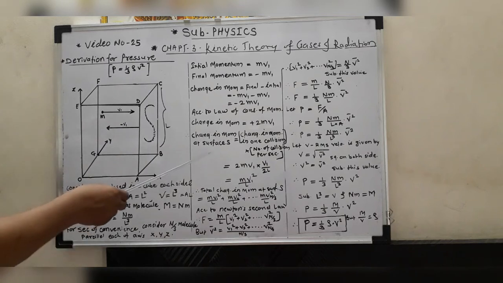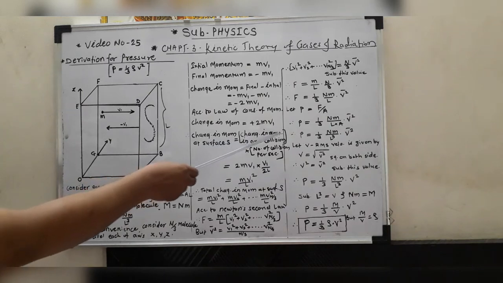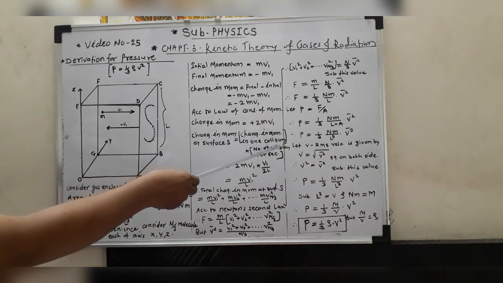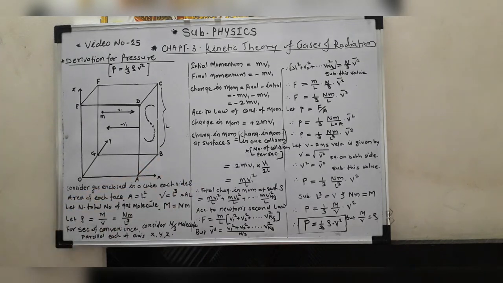The change in momentum at the surface S is equal to the change in momentum in one collision times the number of collisions per second.